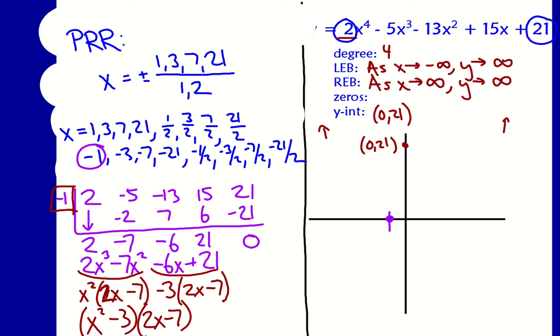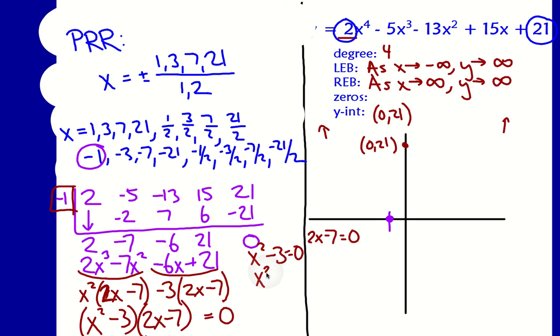Well, that helps me because now I can set that equal to 0 to find the remaining zeros. If I do that, I would get either x squared minus 3 equals 0, or 2x minus 7 equals 0. If x squared minus 3 equals 0, that's a quadratic that I can solve by taking square roots since there's no b term.